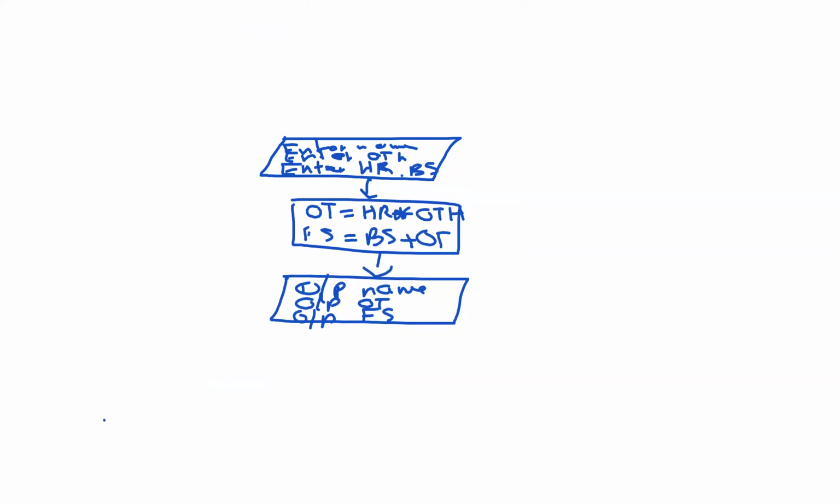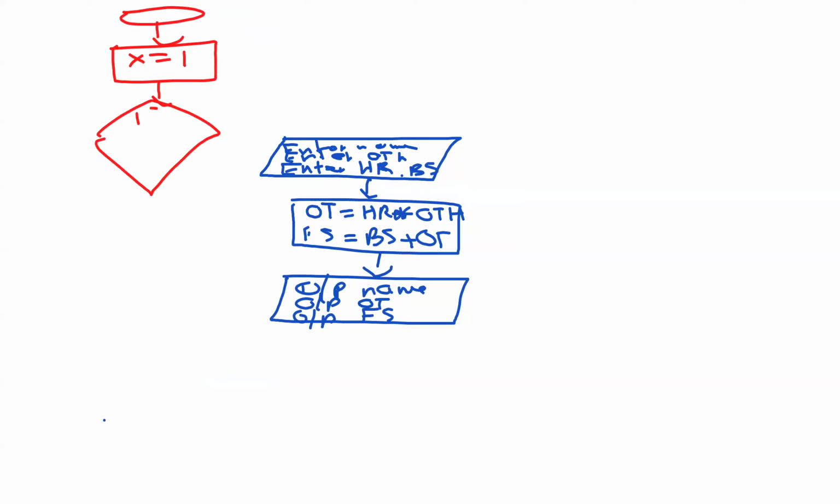Why did I do this? Now you can see in the chart, x equals 1. Then you have a question. What is your question? Is x less than or equal to 10? 10 times you have to do this execution.